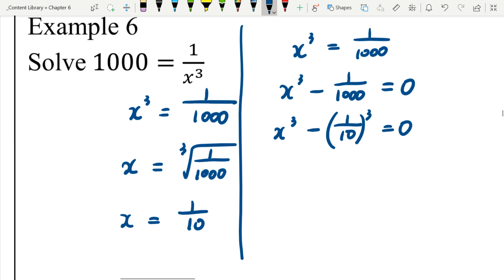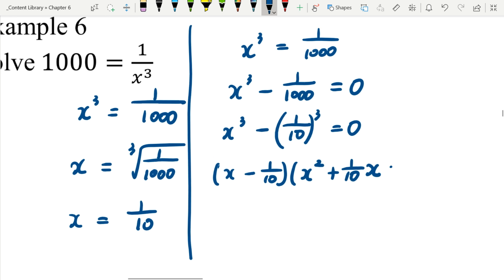Okay, so it's a cubed minus b cubed. Now I'm making the form of a cubed minus b cubed. So it's a minus b, a squared plus ab plus b squared, equals 0.